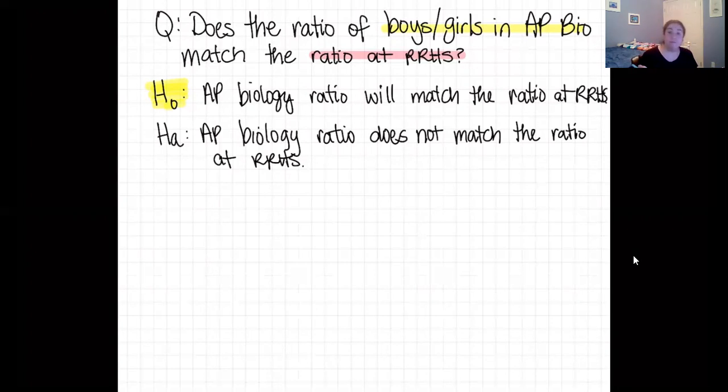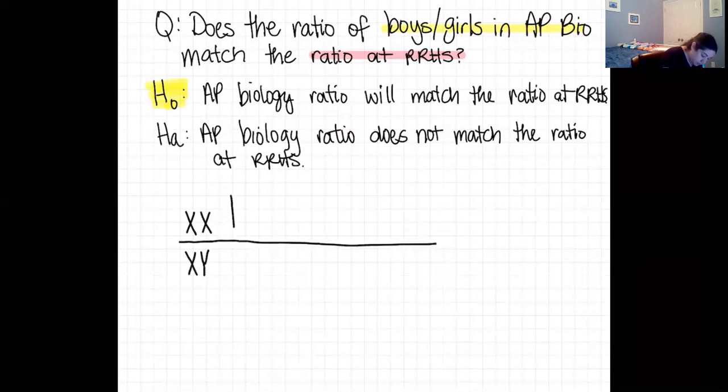All right, so I went and I looked up this information based on a couple of things. So number one, I looked up based on the hand lab that you guys did where you submitted that information, how many boys versus how many girls there were in AP Biology based on that XX/XY chromosome. So I'm going to go ahead and put XX and XY, and I'm going to give you that information.